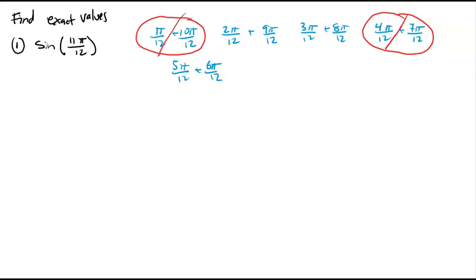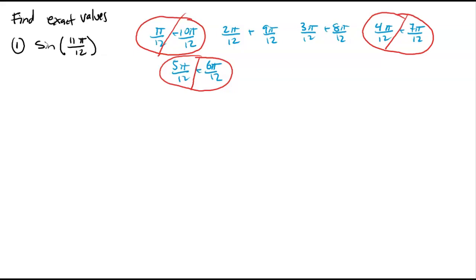And 5 and 6 I also don't want to use, because 5 is a prime number that cannot be simplified into 12. But everything else is pretty much fair game.